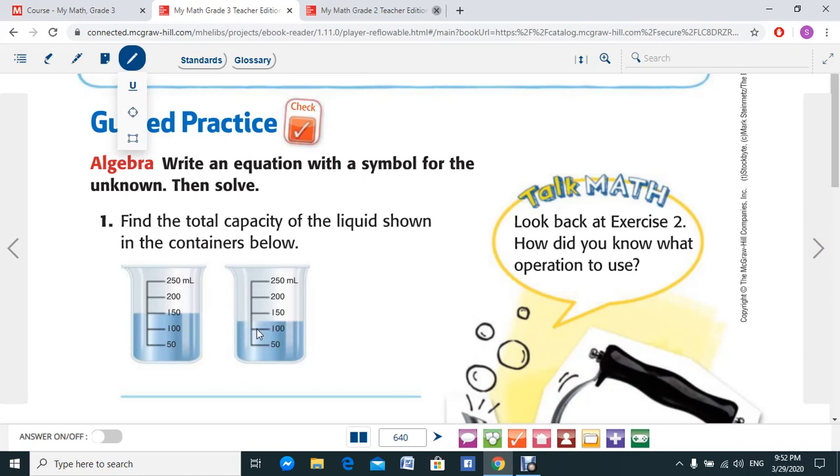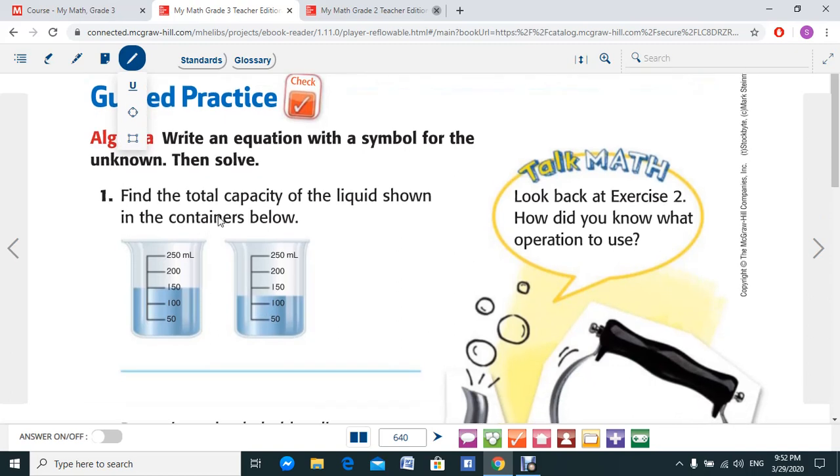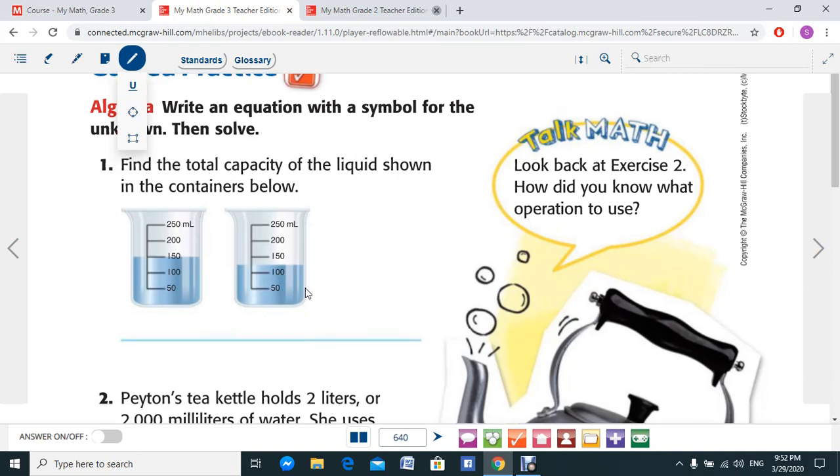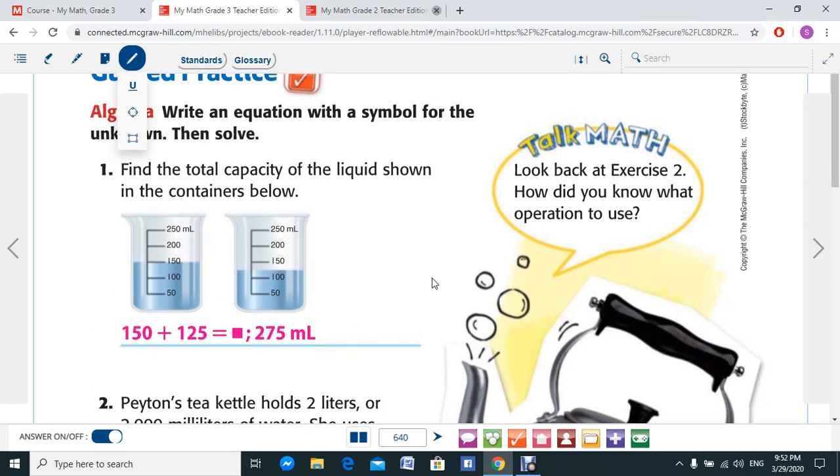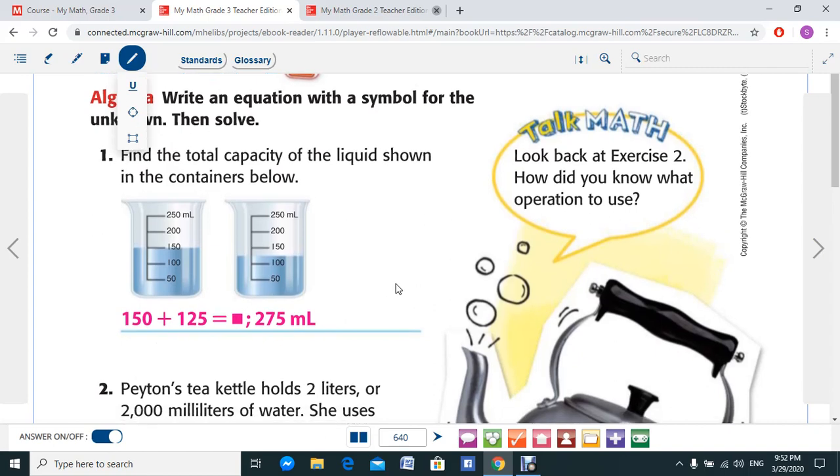Can you see it is not 100, it is more than 100. So we can say that it contains 125 milliliters. So 150 plus 125 equals, you can use a square shape for the unknown, for example, like this. So the answer is 275 milliliters.